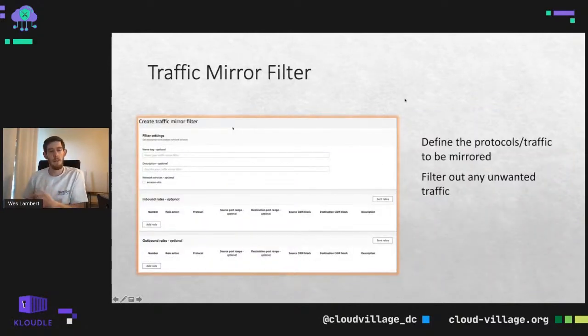And then another component, that traffic mirror filter, which is filtering what traffic is actually going to be sent to Security Onion. That is here as well. So basically, you're defining those protocols and that traffic that you want to be mirrored, and then you can filter anything else out, or you can just, again, take it all and send it all to Security Onion.